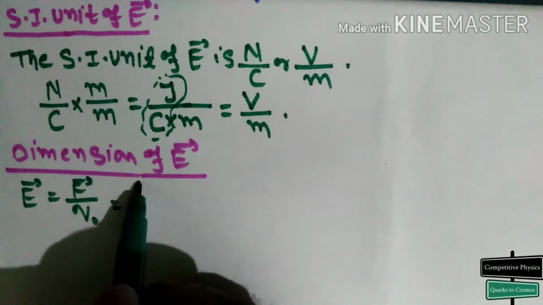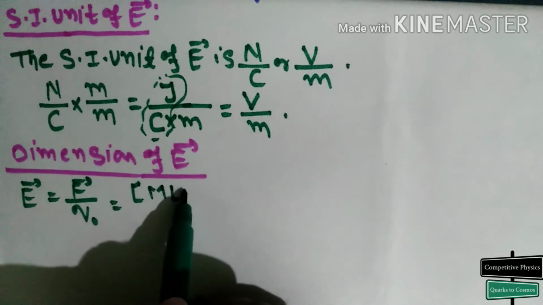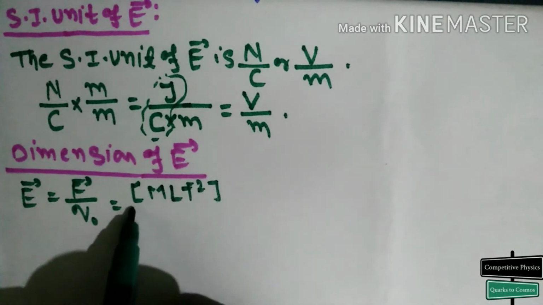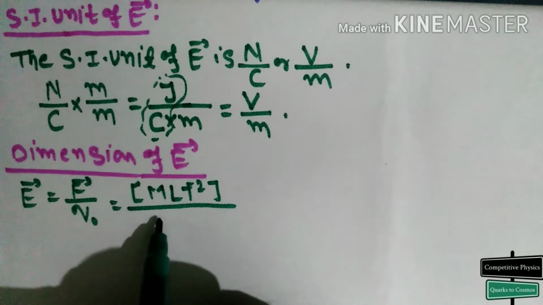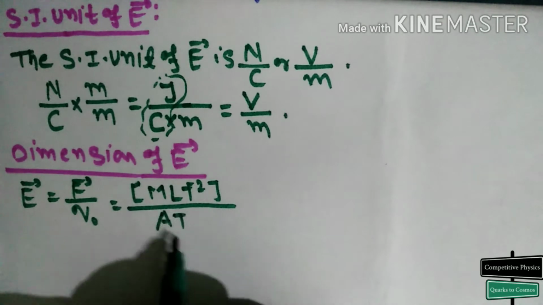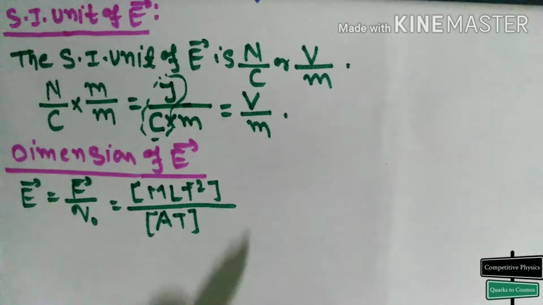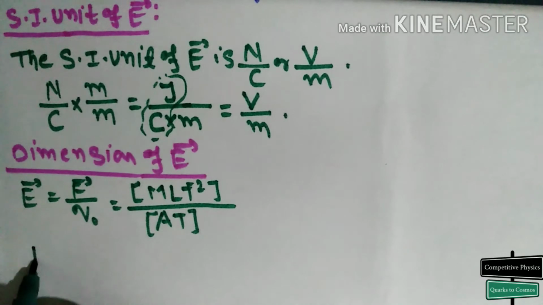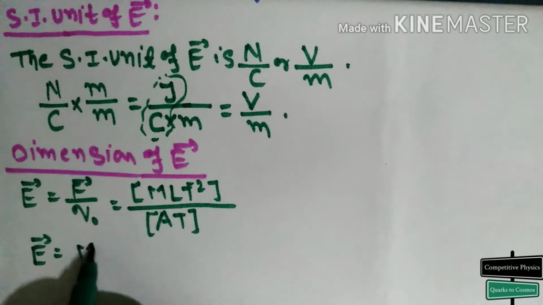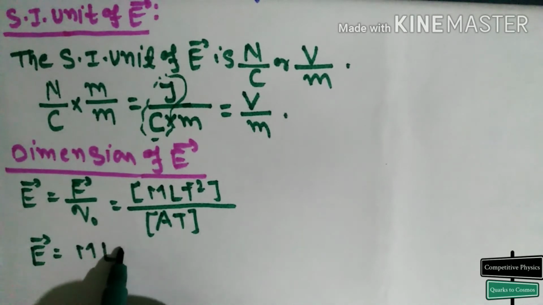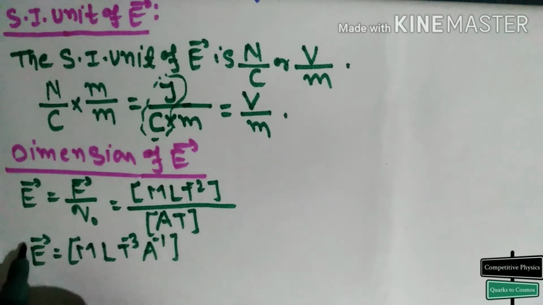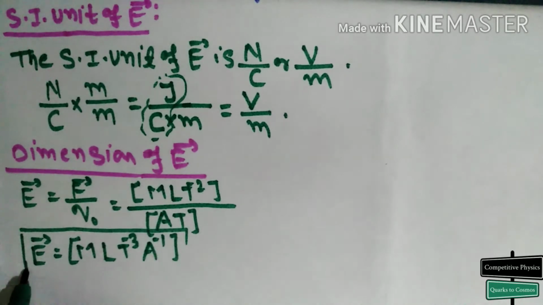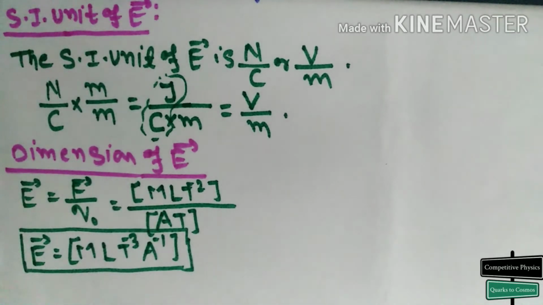F is the force, and you know that the dimension of force is M L T raised to the power minus 2, and in the denominator it is Q naught, which is charge, and the dimension of charge is A T, where A is the ampere and T is the time. So the dimension of E will be M L T^-3 A^-1. Is it clear?